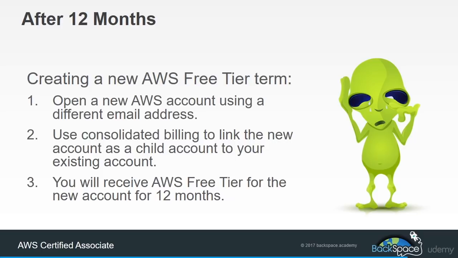So you still just have one bill that you'll be paying for through your main account, but this second account will enable you to continue to use the AWS free tier, provided you do everything within that new account. Your old main account will still be expired as far as the free tier is concerned. So that's a way to keep on going if you want to keep playing around with AWS without having to absorb a big bill at the end of each month.